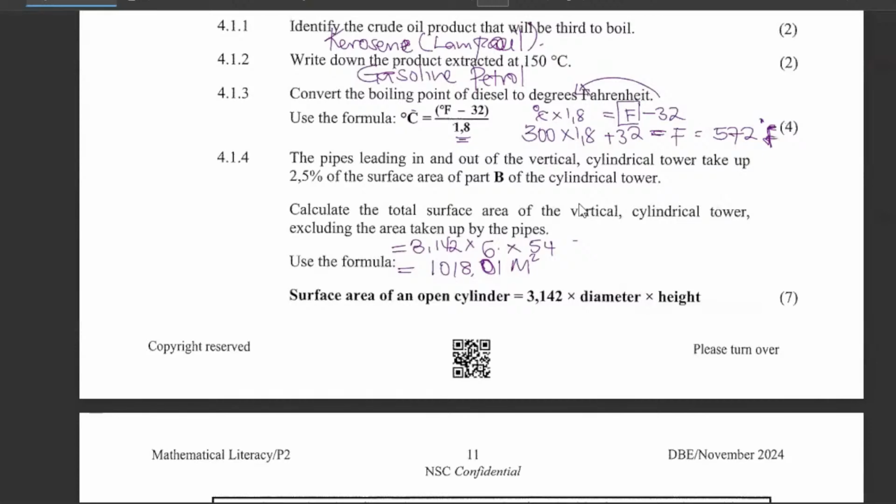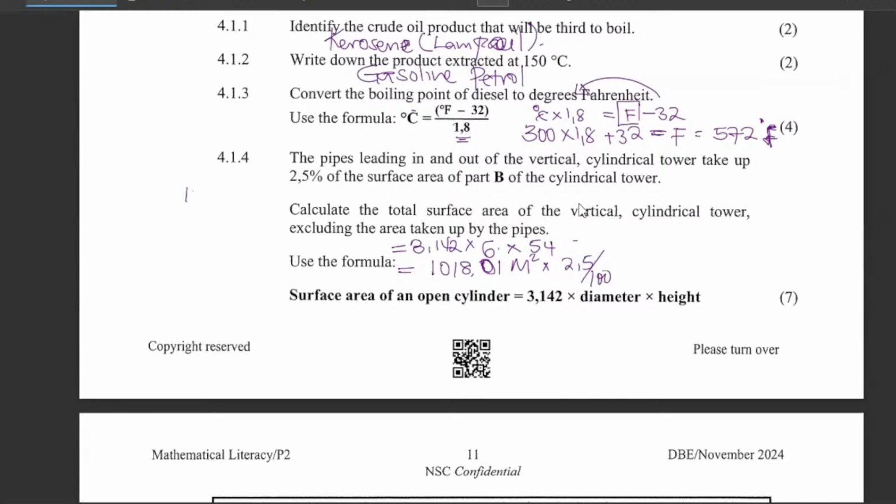So we shall subtract. Look for the area of the pipe, so multiply it by this.